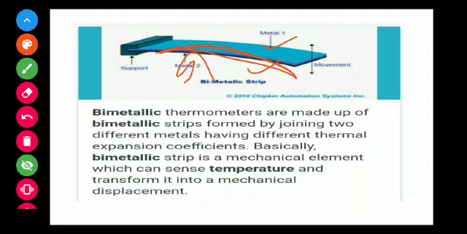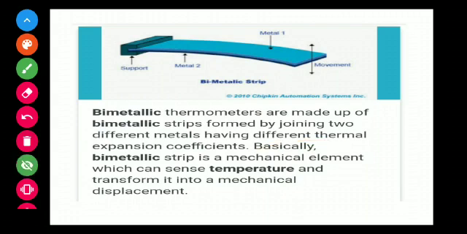Why is there a bending of this combined bimetallic strip? Because of the different expansion of metal 1 and metal 2, there is bending, and due to bending there is a movement of the needle attached to the bimetallic strip.